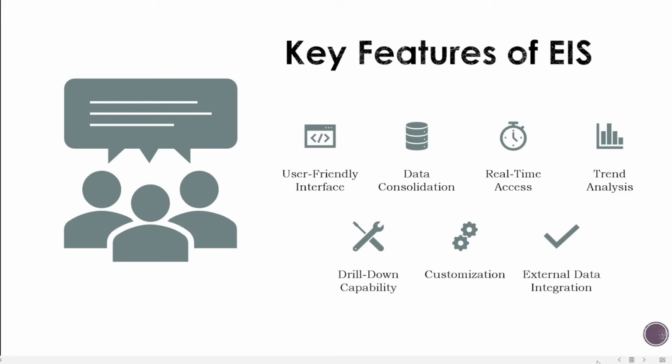Okay, number seven, there must also be external data integration. So apart from this internal data, the EIS can also integrate external data such as market trends, economic indicators, or competitor data to provide a holistic view of business environments. Okay.